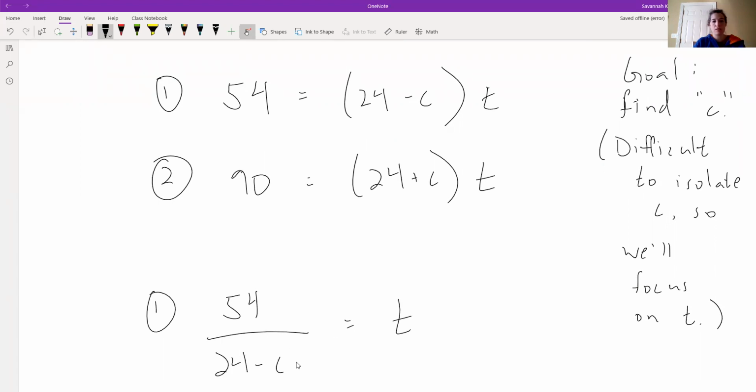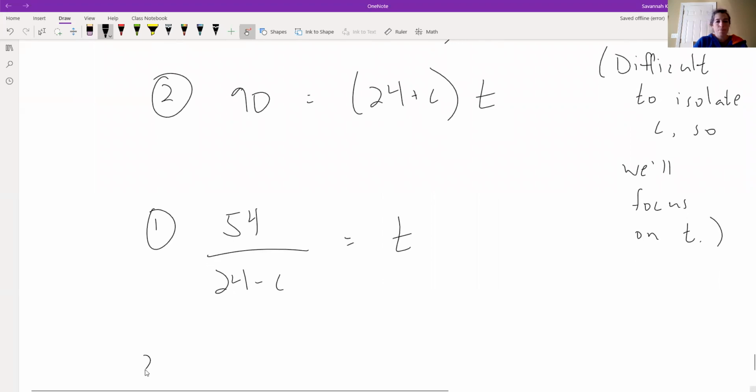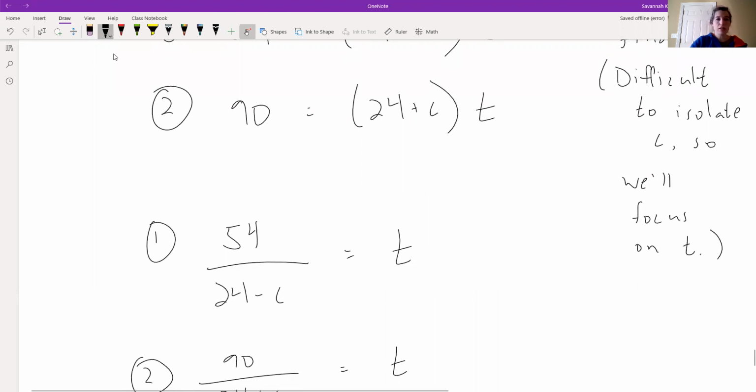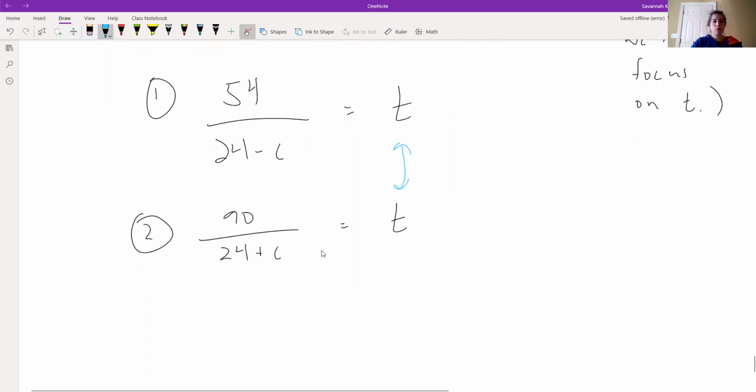I don't need the parentheses down there. And in equation 2, I'm going to divide away my 24 plus C. Okay, so I have T, and I have T again. T always equals itself. So set those two things equal.